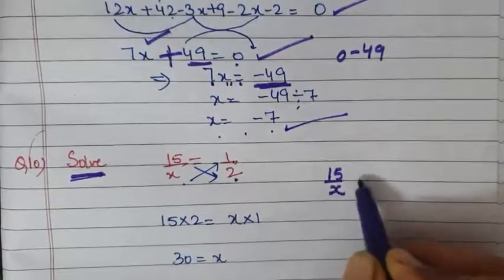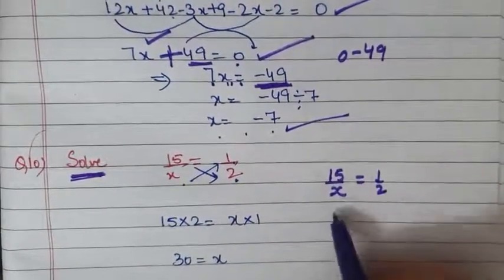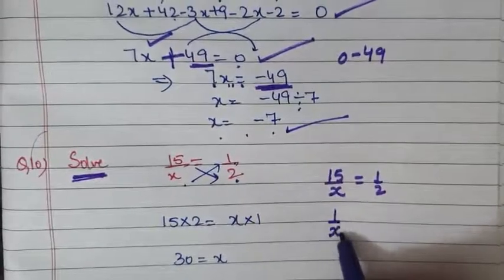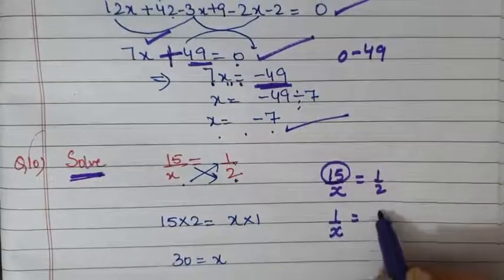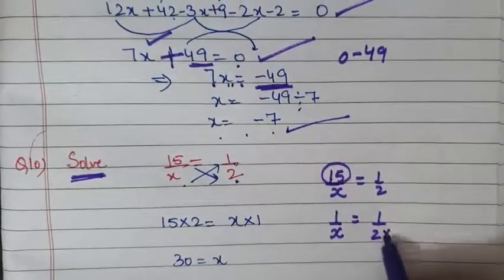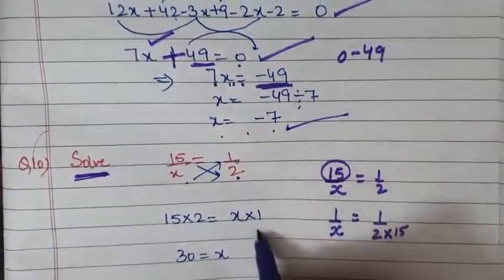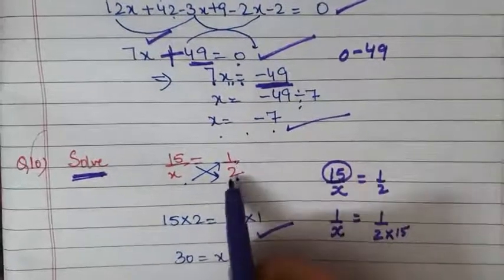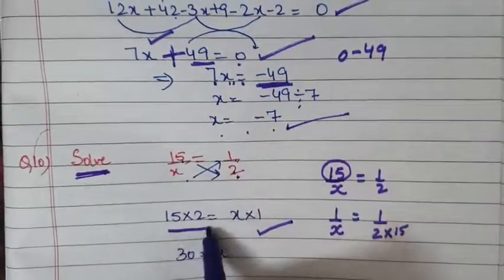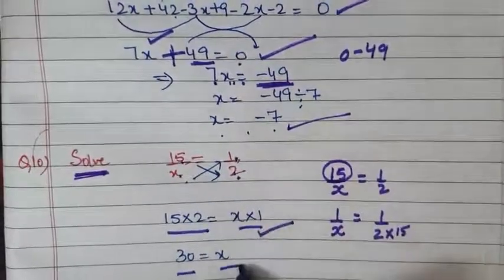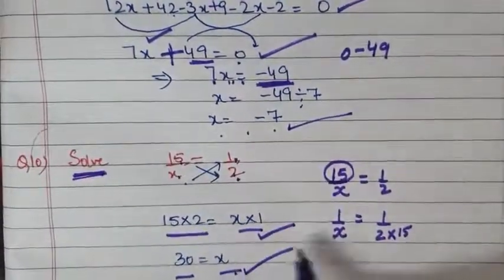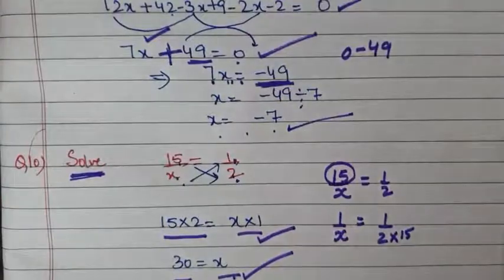Variable is there, so keep the variable on one side and 15 on the other side. But better is to follow this method. 2 into 15 is 30. x into 1 is x. So simply we get x is equals to 30.